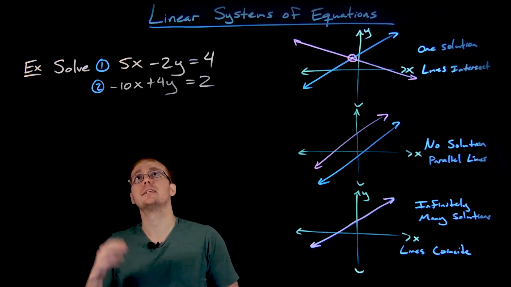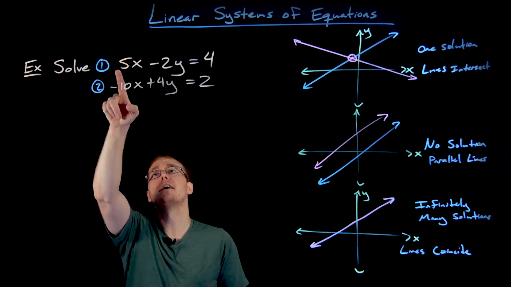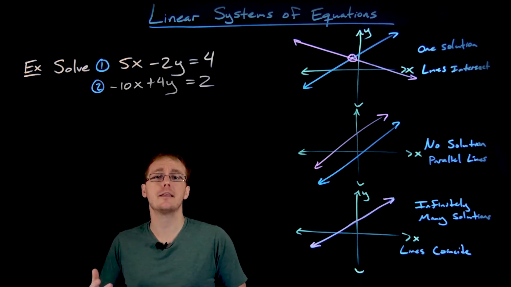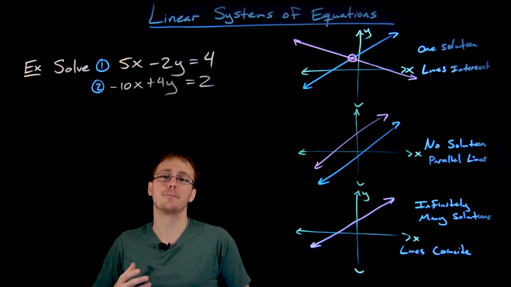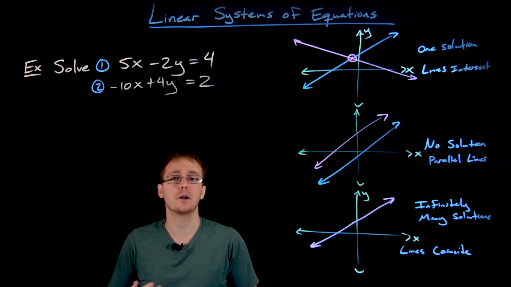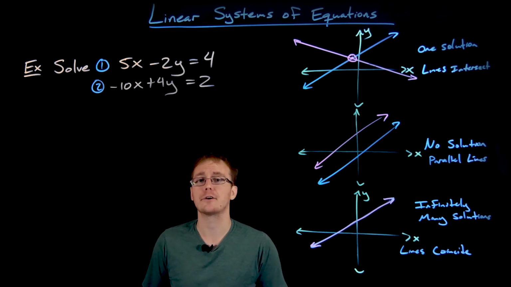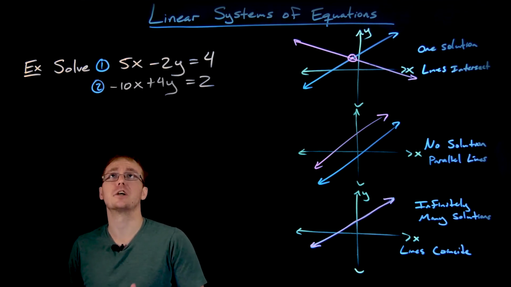In this case, I think it's going to be easiest to multiply our first equation by 2, and then add it to our second equation. That'll make the coefficients, the numbers in front of x, the same but opposite in sign, so that when we add our equations together, they cancel each other out.